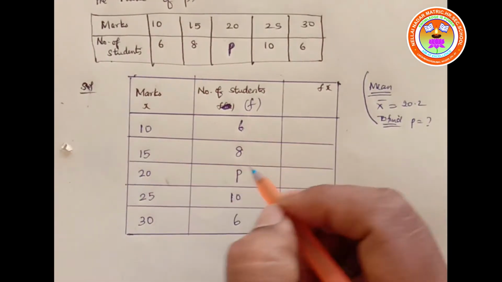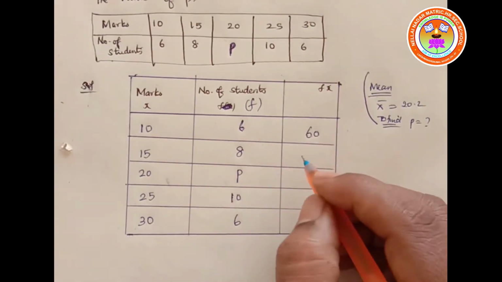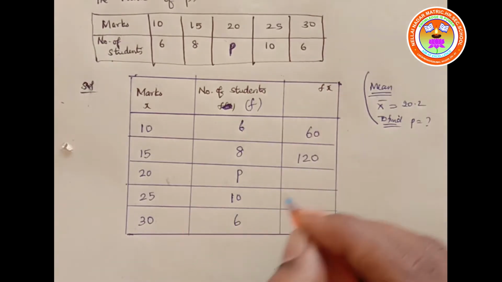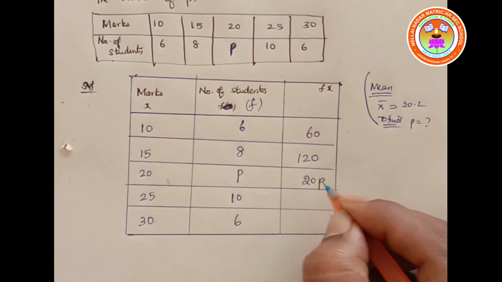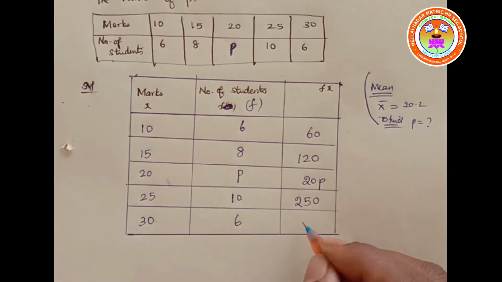F into x: 10 into 6 is 60, 15 into 8 is 120, 20 into P is 20P, 25 into 10 is 250, 30 into 6 is 180. It's clear, children?